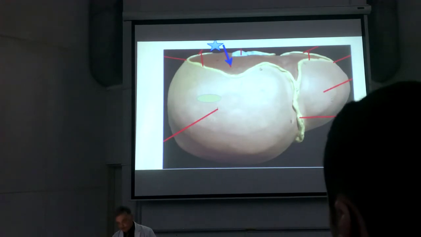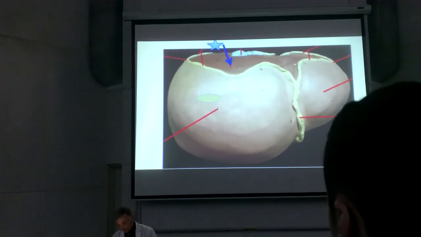This is the falciform ligament. I put my hand here, it is going to be in the right anterior subphrenic space. I turn around to the back, this is the right posterior subphrenic space.